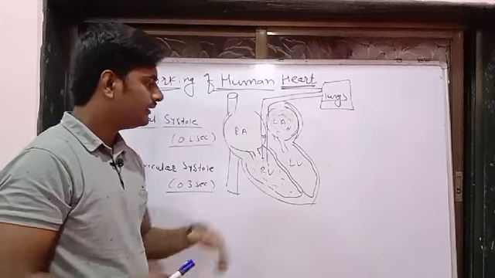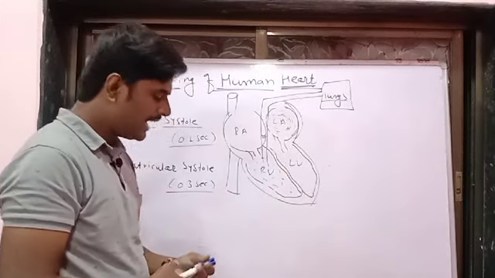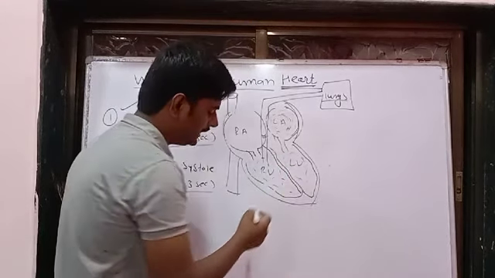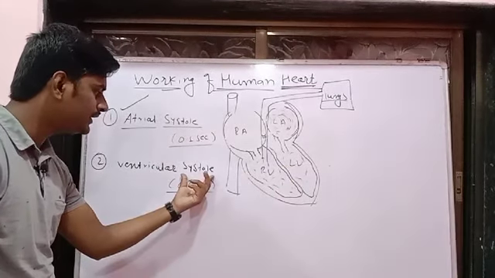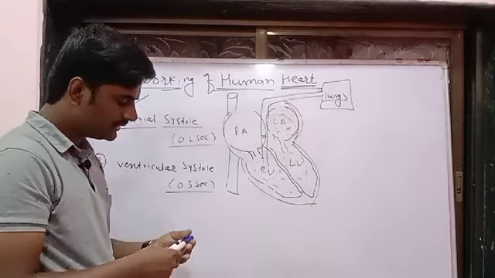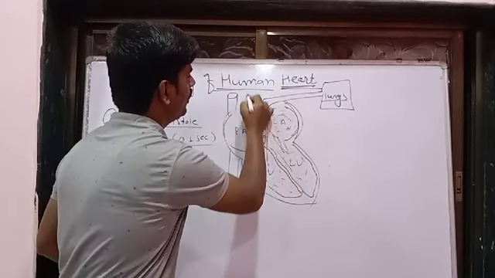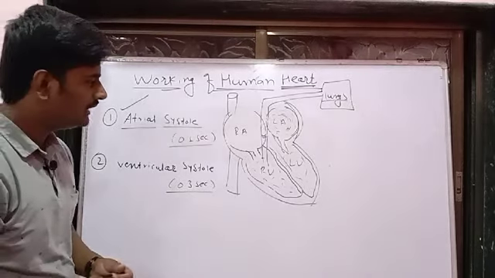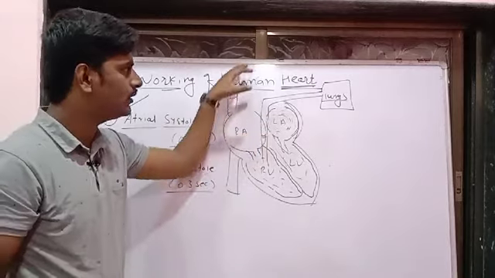As we see, the left side of the heart always contains oxygenated blood, and the oxygenated blood present inside the left ventricle, after contraction or systolic condition, is transferred towards the overall body through the aorta.